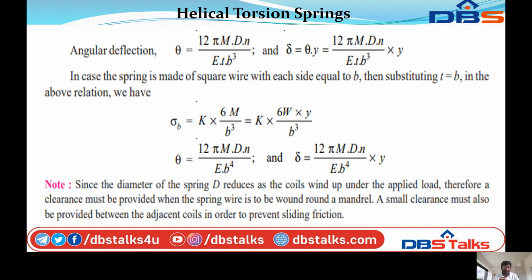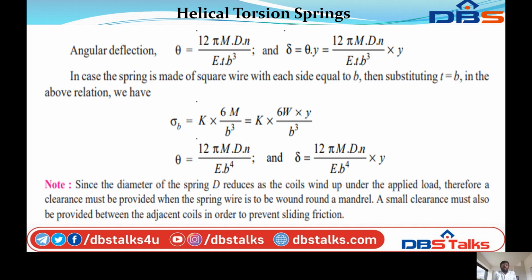So substituting theta value in this equation. In case the spring is made of square wire with equal side b, then substituting t equal to b in the above relation, we have sigma b is equal to K into 6M by b cube, that is equal to K into 6W into y by b cube.